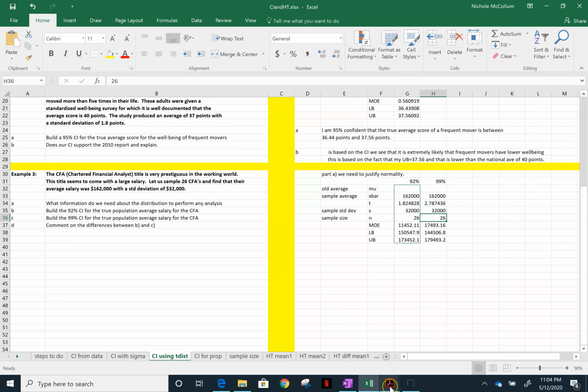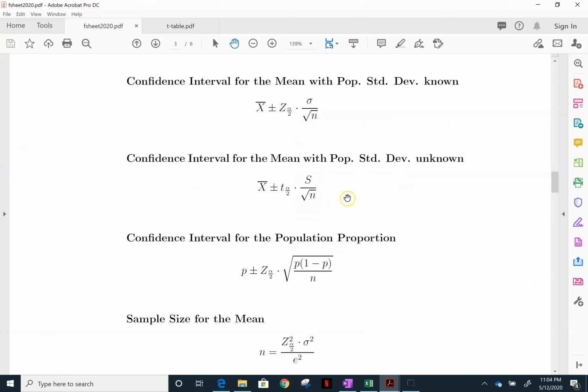Why would we need that? Why would you do that? Well, look at your formula. If n gets bigger, your denominator gets bigger. If your denominator gets bigger, your fraction gets smaller. And if your fraction gets smaller, the error gets smaller. And if the error gets smaller, then the confidence interval gets tighter. The n is key. The larger you can make your sample, the closer you are to the true population.